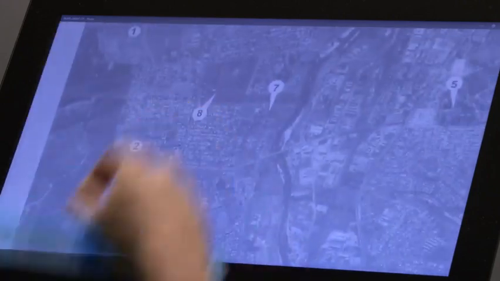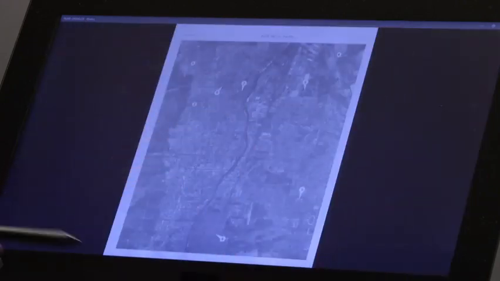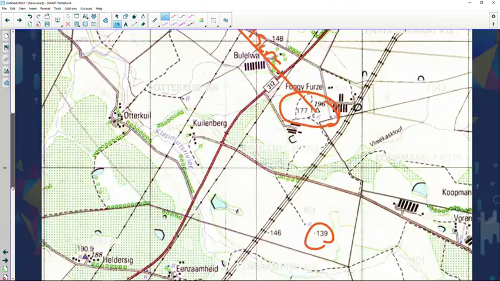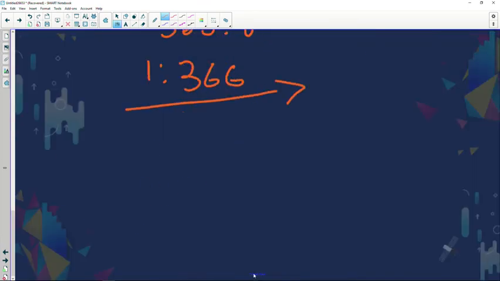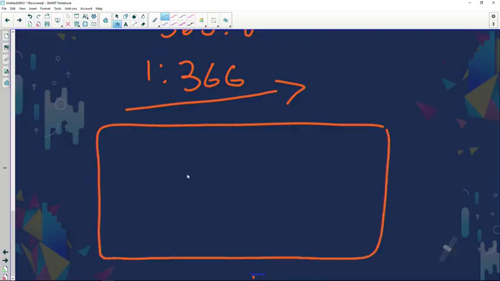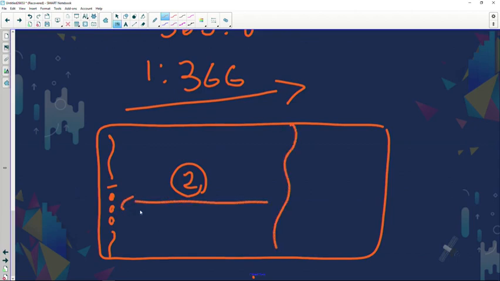So I'm quickly going to draw it for you over here. Let's try and replicate that diagram, the orthophoto. And there was a number 2. And let's say calculate the gradient from the contour line that says 1,000 meters to the contour line that says 400 meters.